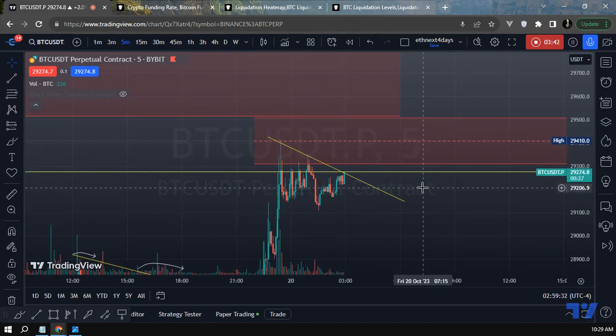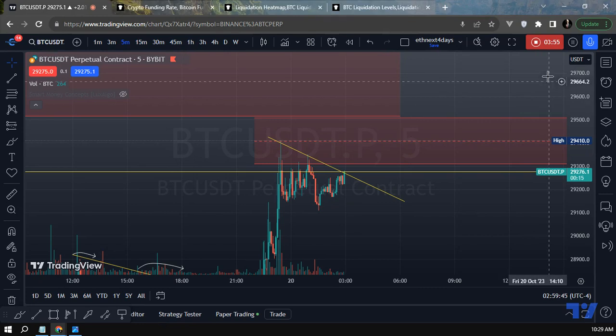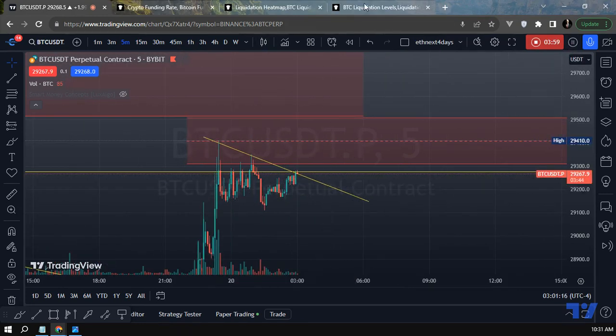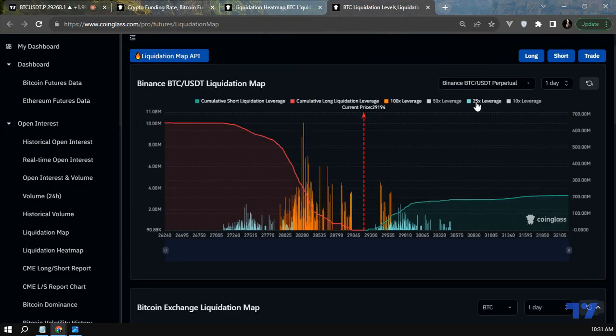Now, before I start talking about today's analysis, I would like to take a look at the liquidation and everything. So we just did a recap, and now let's talk about liquidation. Hold on. Let me just show you the liquidation. So this is the 25x and 10x, which really doesn't matter, okay?